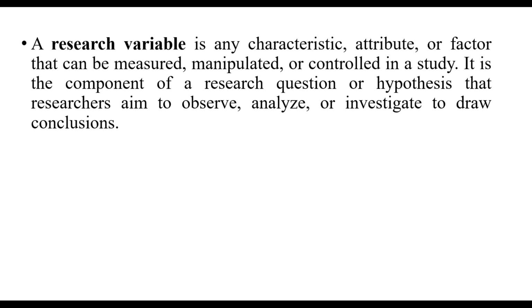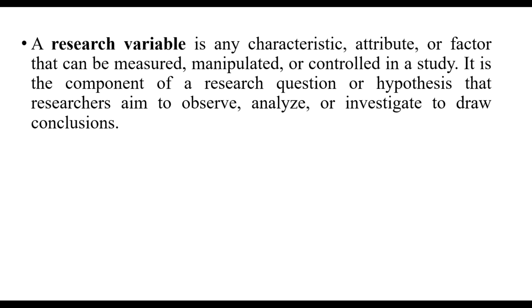So from what I have explained so far, you can see that a variable is any characteristic, attribute, or factor that can be measured, manipulated, or controlled in a study. It is the component of a research question or hypothesis that researchers aim to observe, analyze, or investigate to draw conclusions.